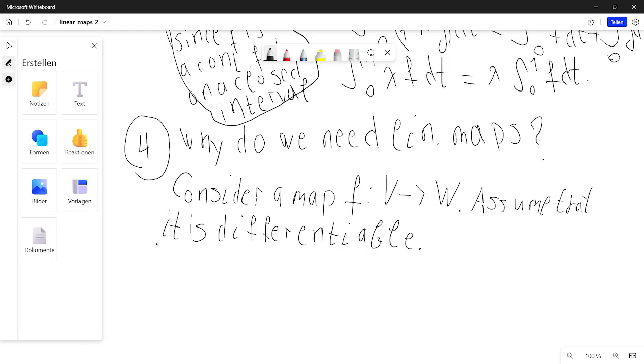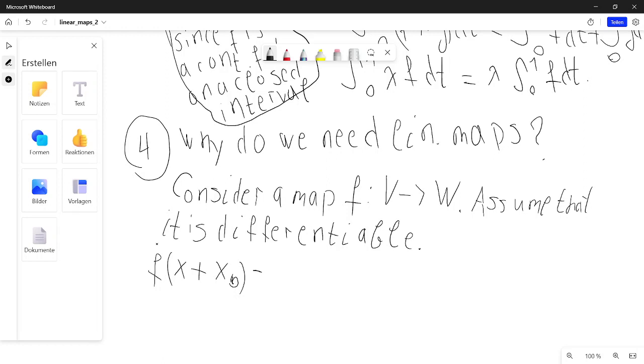And what is actually the meaning of differentiability? Well, it turns out that differentiability is the ability of the map to be approximated by a linear function. What does that mean?